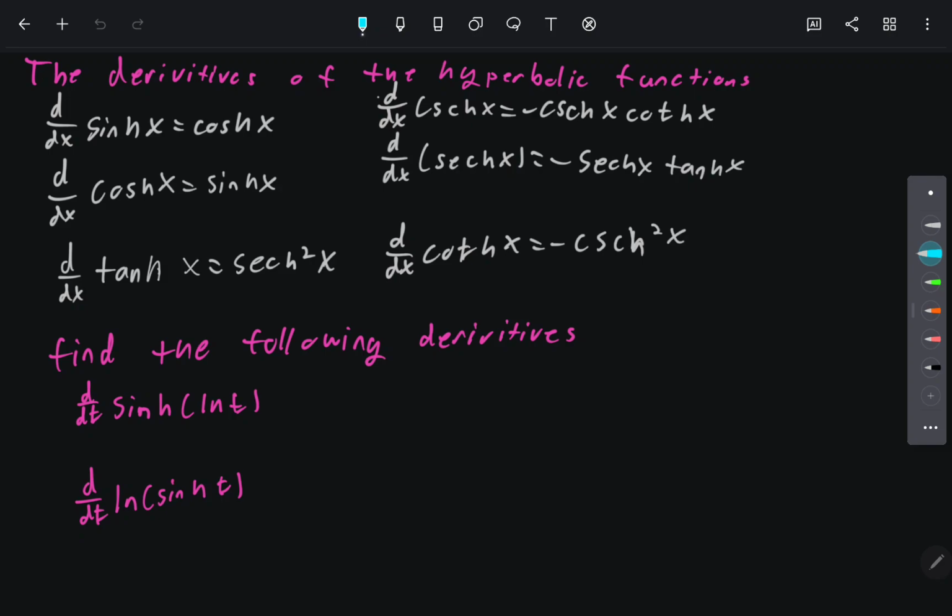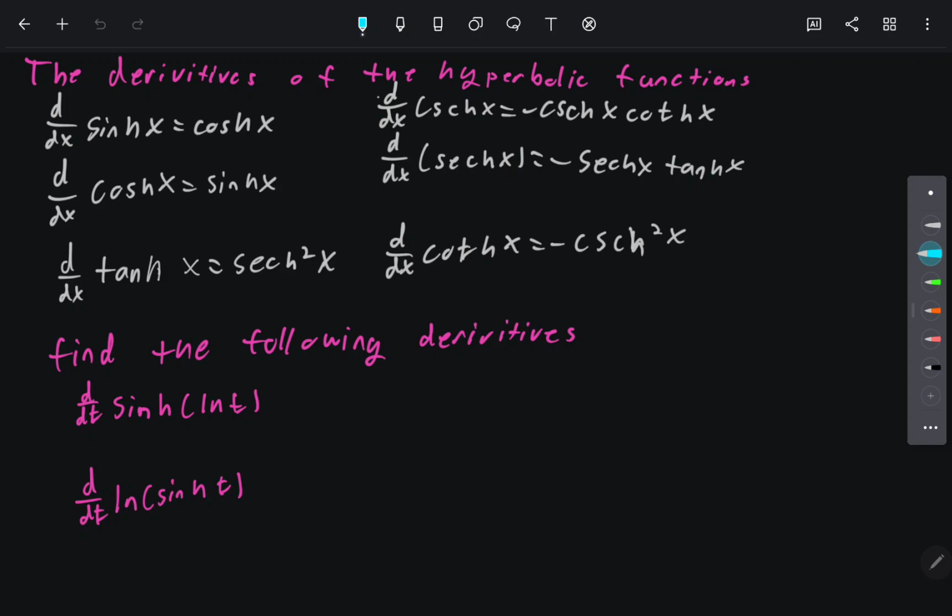So now what we're going to do here is find the following expressions. We have the derivative with respect to t of the hyperbolic sine of the natural log of t, and we have the derivative with respect to t of the natural log of the hyperbolic sine of t.